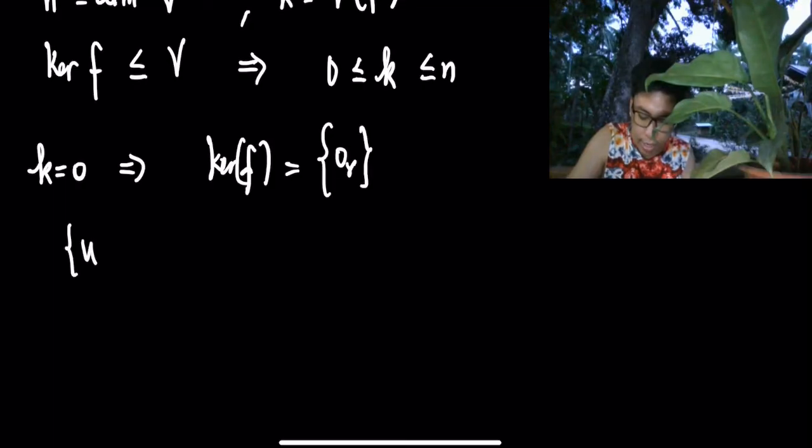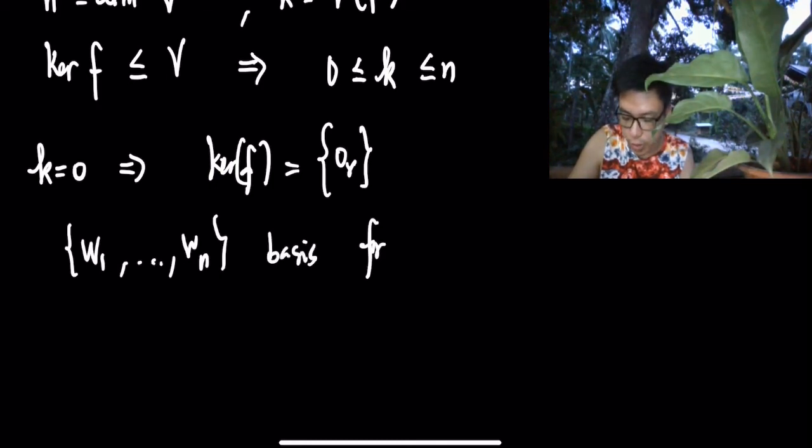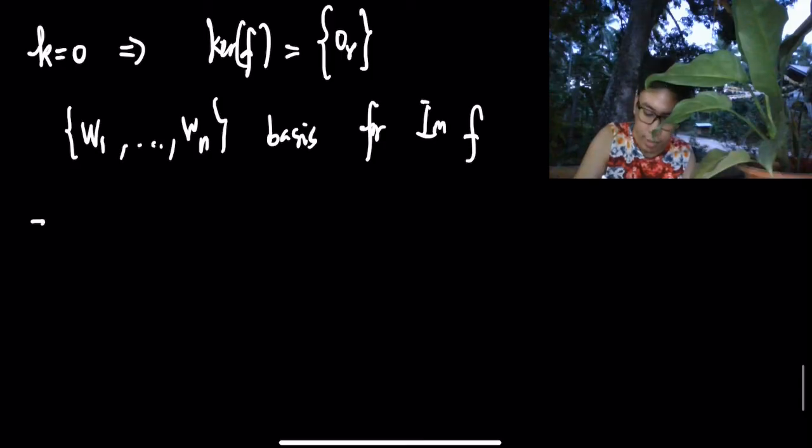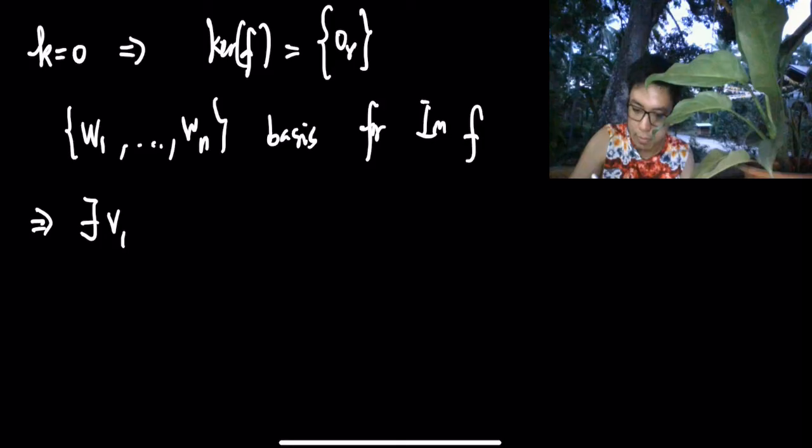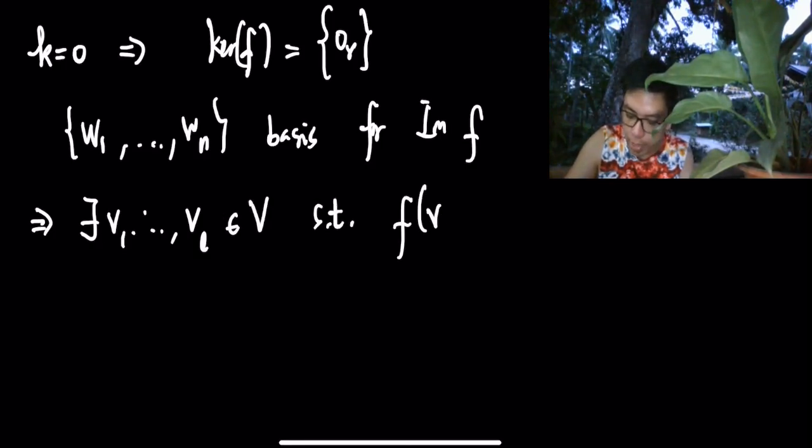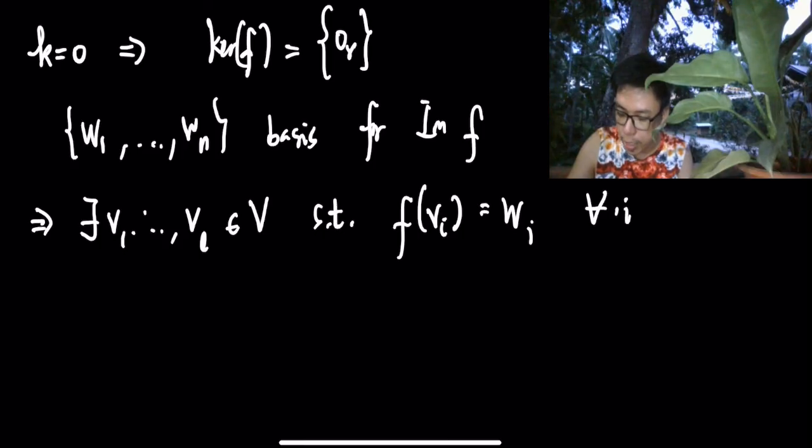Now, let w1 up to wl be a basis for the image of F. What does it mean? This simply tells us that there exist v1 up until vl in V such that you have a mapping F of vi to wi for every i greater than or equal to 1 but less than or equal to l.